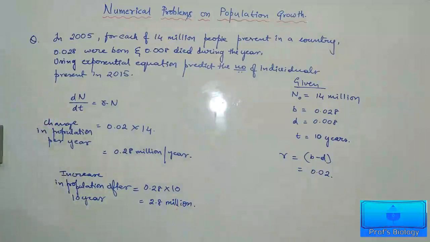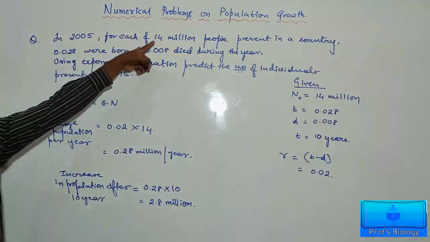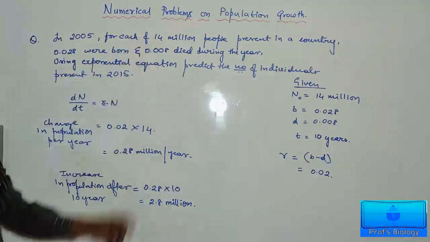Now population at the end of 10 years would be this increase in population added to this initial population, which is 14 million.